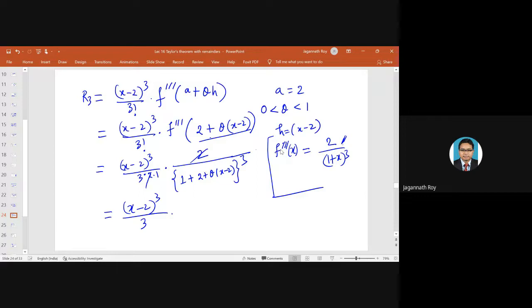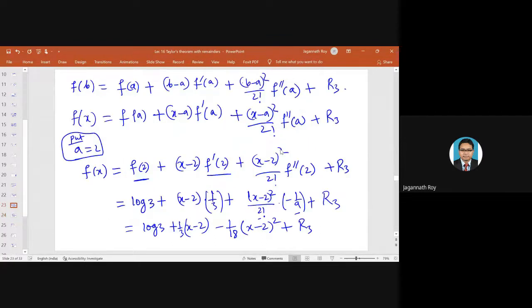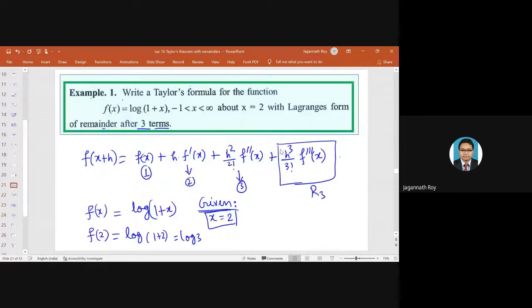If you just simplify, then it will be 1 by 3 plus 1 plus 2, 3. Then theta into x minus 2 whole cube. So you can stop here, because for R3 you need some expression. So that's it. This is what we were asked to find out.